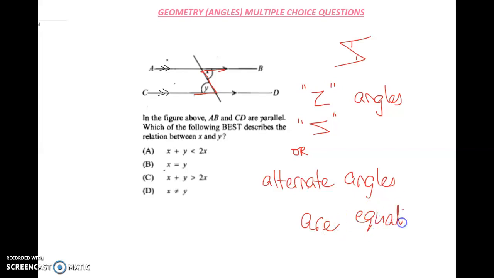So basically, in this question, X is equal to Y. Very basic, right? If you see the Z like this, those two angles in the corner there, the little peaks, are equal to each other. Alternate angles are equal, or Z angles are equal.